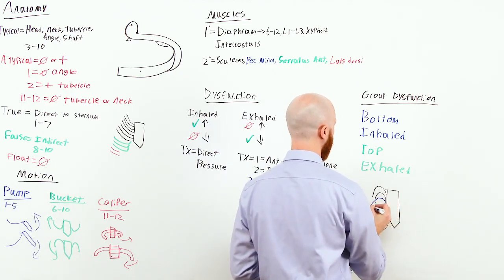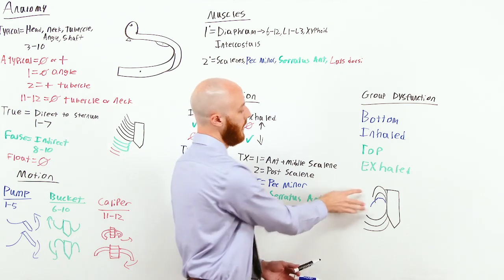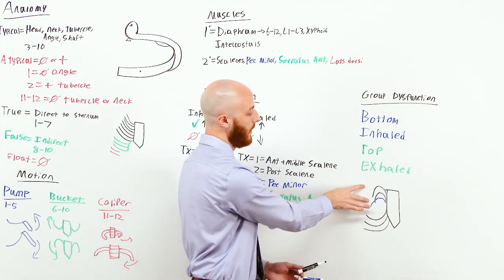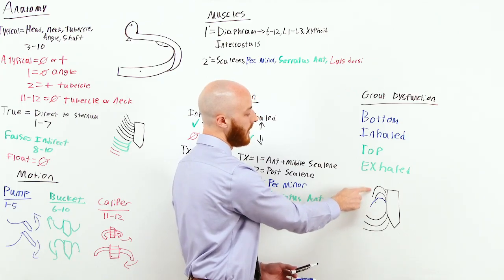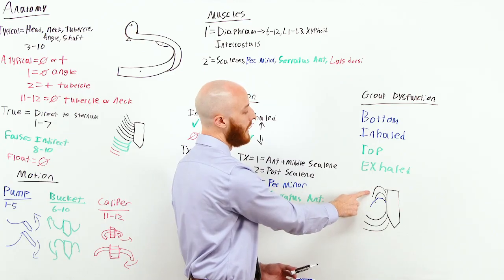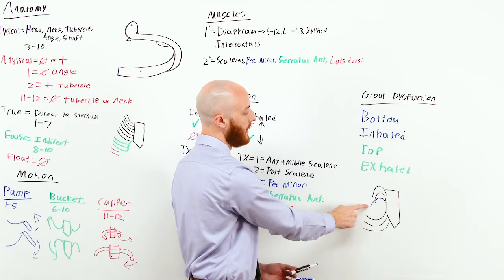So imagine that these are your palpatory findings. This group is the inhaled dysfunction, and the bottom key rib is causing the rest of the ribs to stay stuck in inhalation. So this is your key rib.